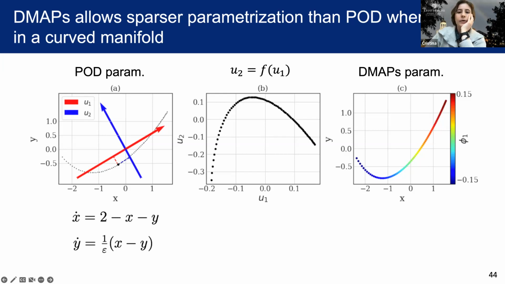And so to accurately describe a point of this dynamical system, you will also need the coordinate U2 for the POD parameterization. But the second figure, B, shows that actually U2 is a function of U1, and because there is this nonlinear dependence, you can learn that nonlinear dependence using diffusion maps, and it will give you that just one parameter is needed to fully describe the data.